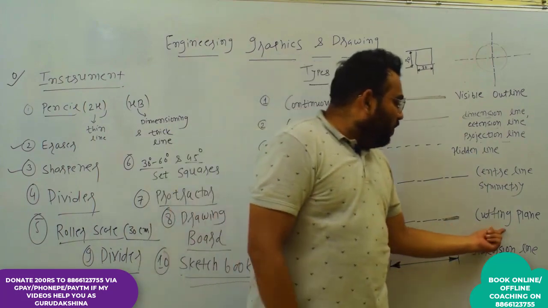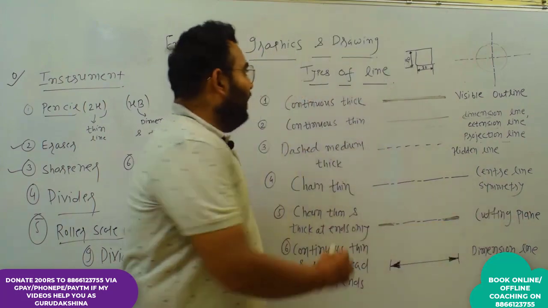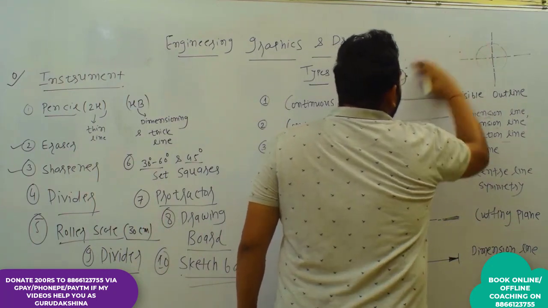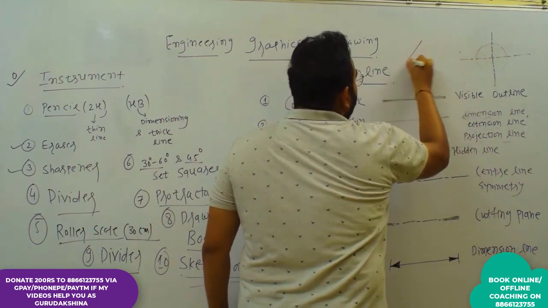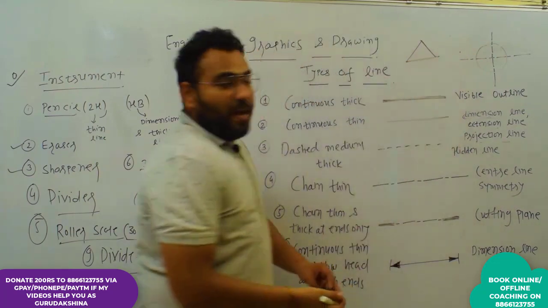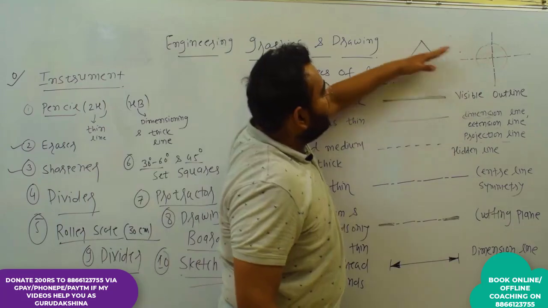So it is used for showing the cutting plane. Let's say we are having one cone. So let me draw one cone over here. I am going to cut this cone this way.